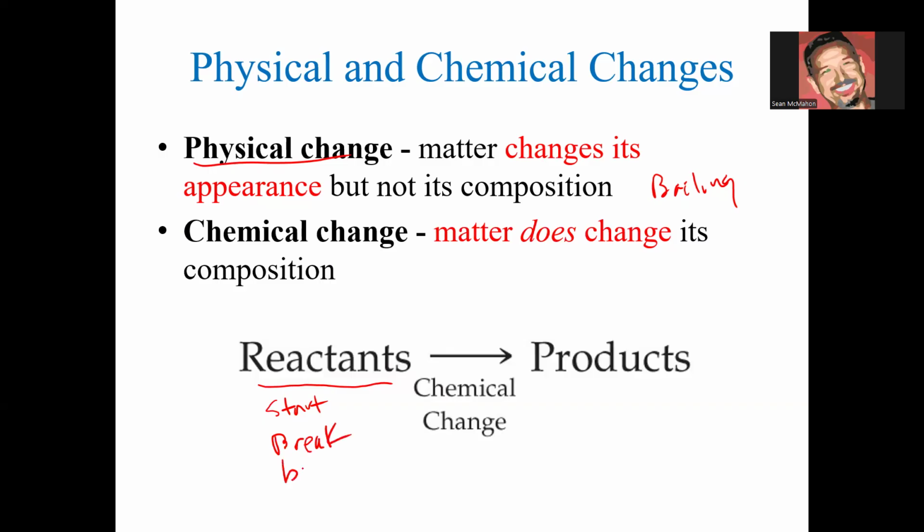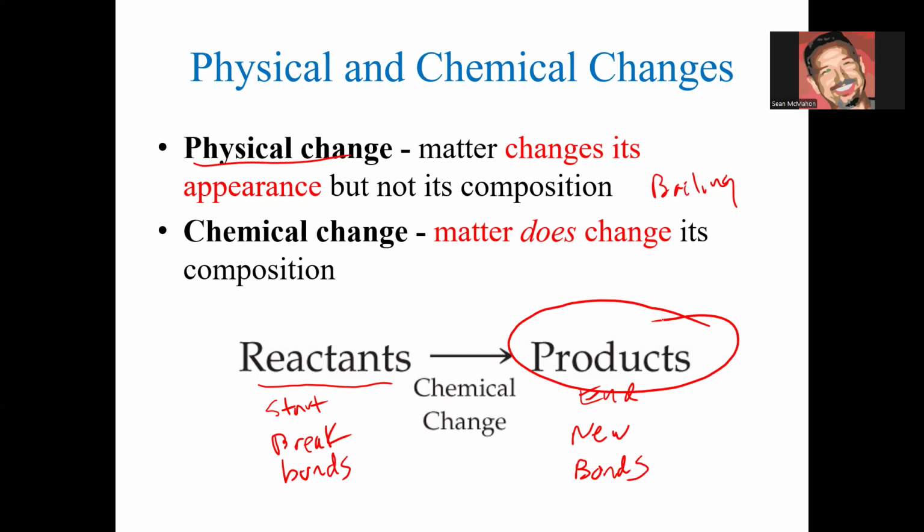You form new bonds. So you're shuffling these atoms around, and then you have what you end with, because you have new bonds forming. You call that products, because that's what you produce, okay?